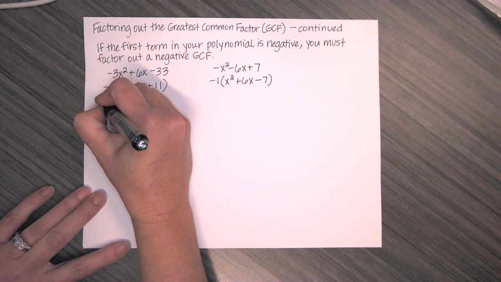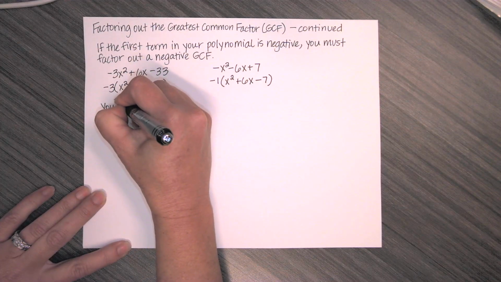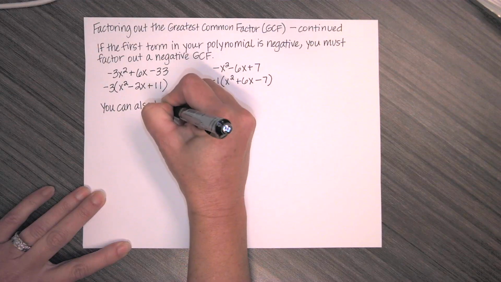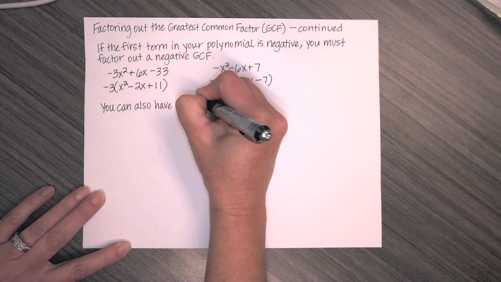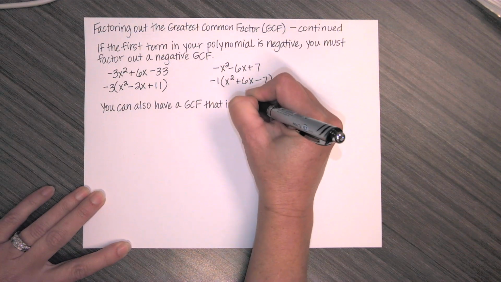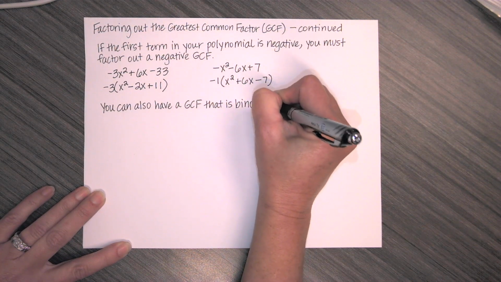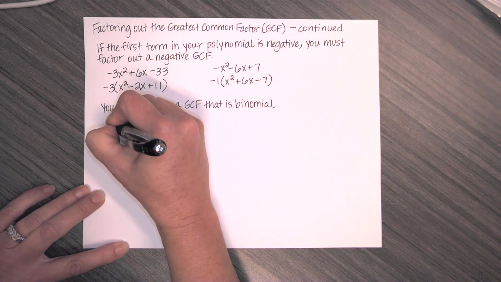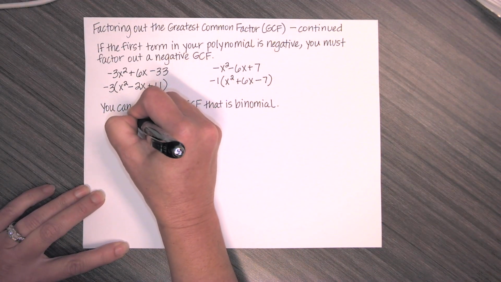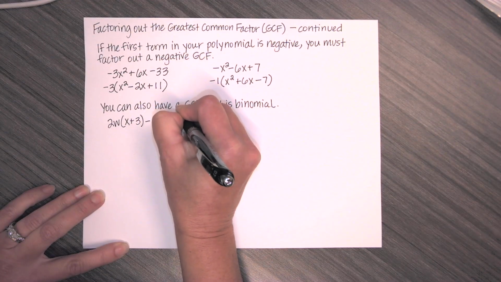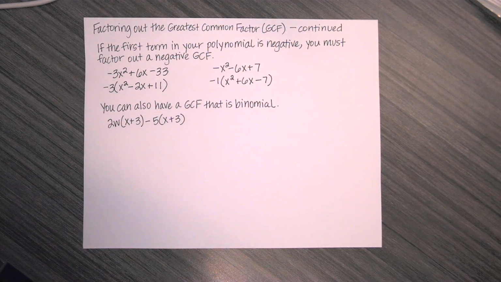One other special case, you can also have a greatest common factor that is a binomial, which looks a little weird, but it certainly can happen and will happen. For example, here I have 2w times x plus 3 minus 5 times x plus 3.